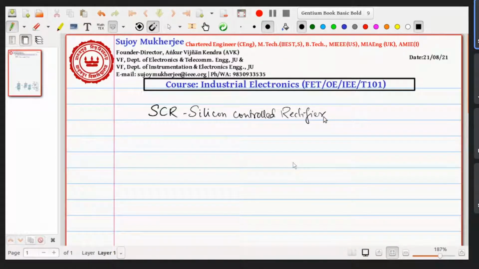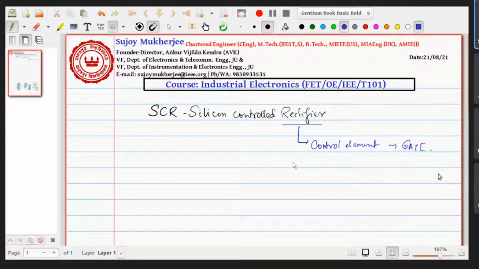Basically, it is an ordinary rectifier with a particular control element referred to as the gate. So it's just a rectifier with one control element, and that is the gate that we consider.